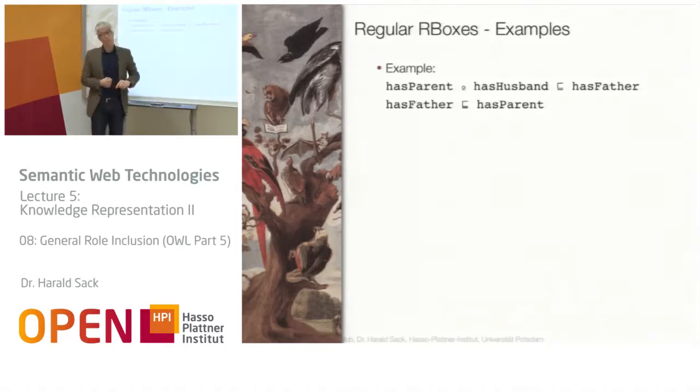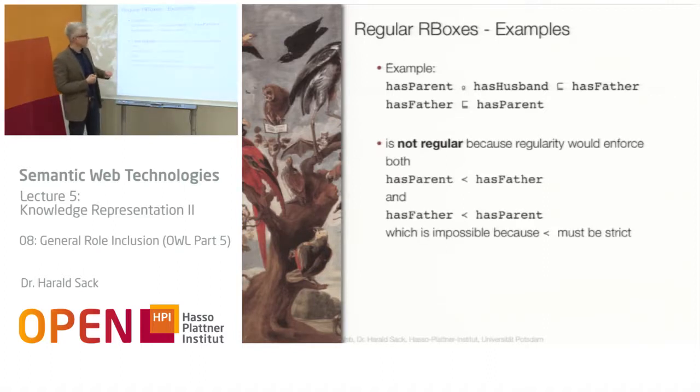But you have a second rule in the knowledge base, and the second rule says has father, of course, is a sub-property of has parent. And then it becomes complicated, because then here has parent can be substituted by has father, and then we have here, of course, maybe a problem. So this is not regularity, because regularity would enforce both.